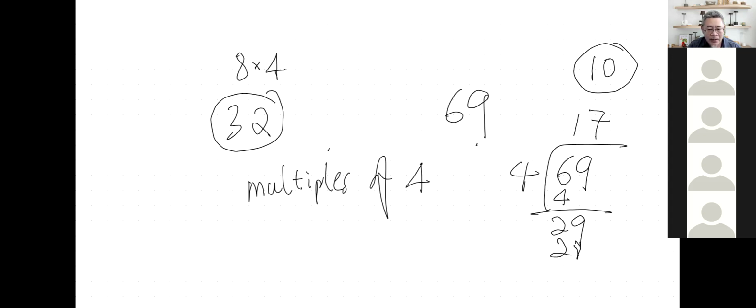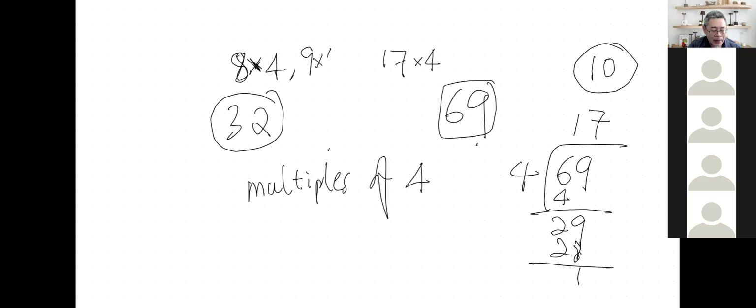That means 17 times 4 is just 1 from 69, the closest. So how many multiples of 4? We can say from 8 times 4, 9 times 4, all the way down to 17 times 4. Basically, we're counting from 8, 9, all the way to 17.